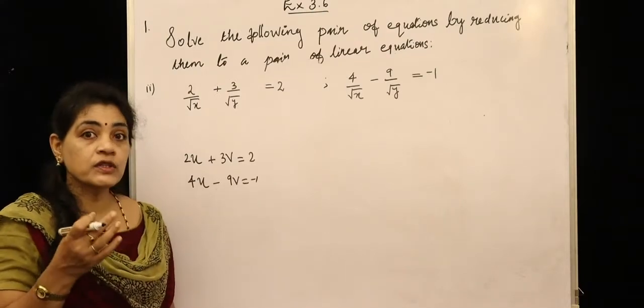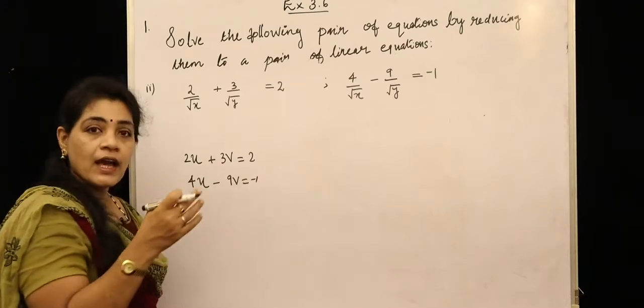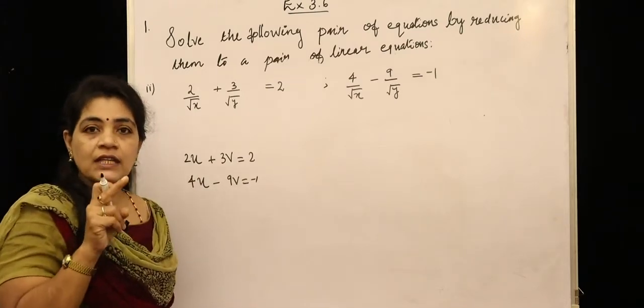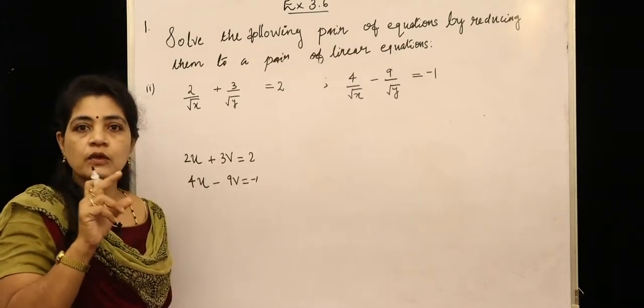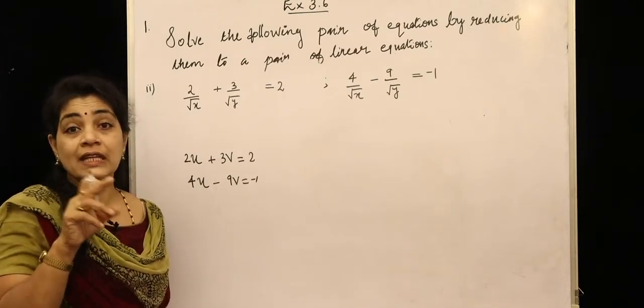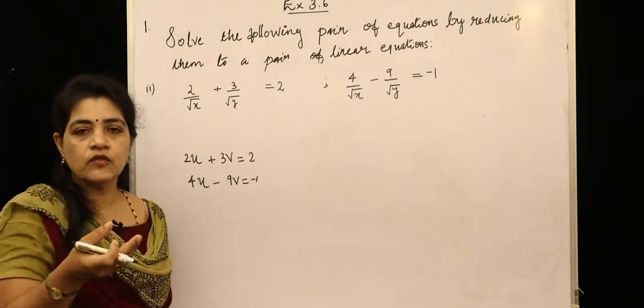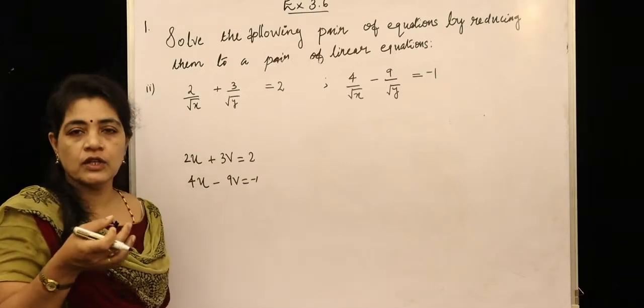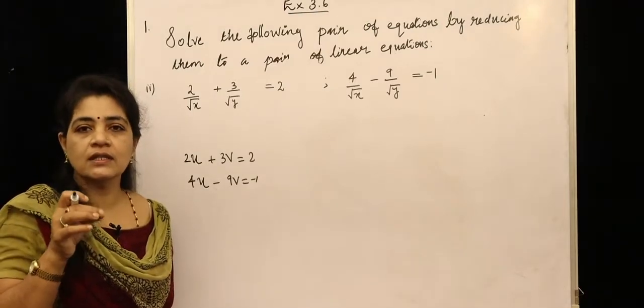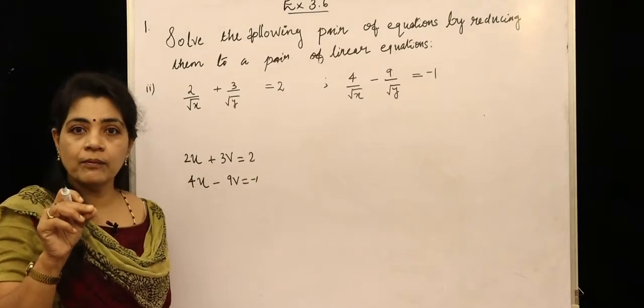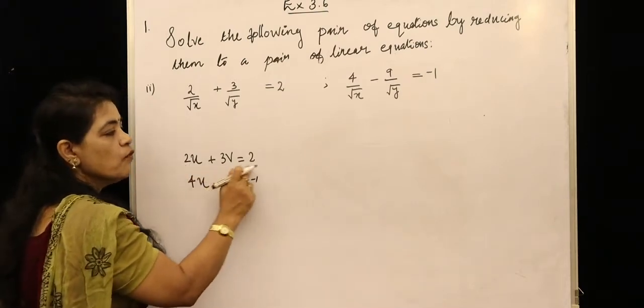Here fortunately, if you see the coefficients of both u and v, both are multiples: 2 and 4, 3 and 9. But since u is first, I am making the coefficient of u in both equations the same by multiplying equation 1.